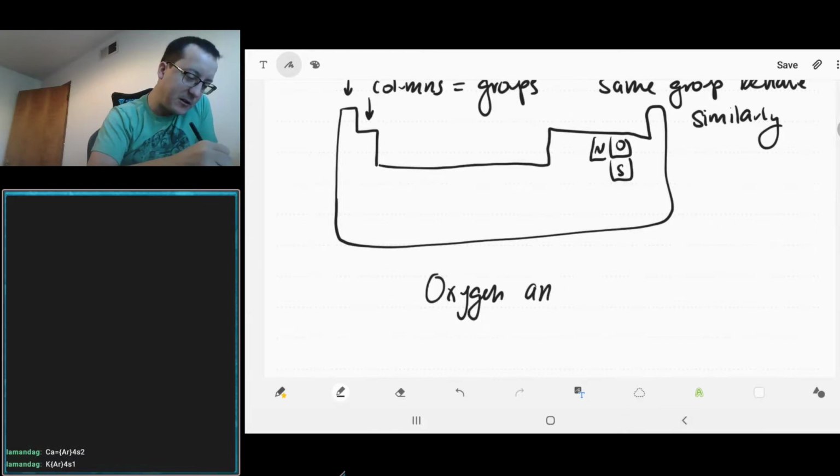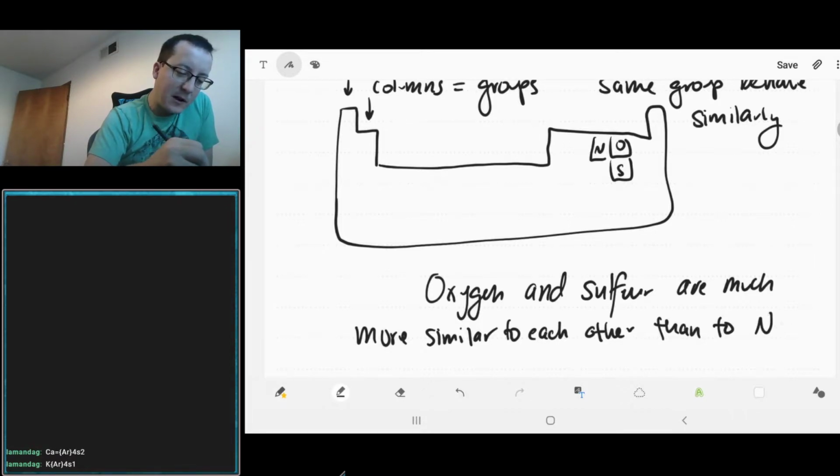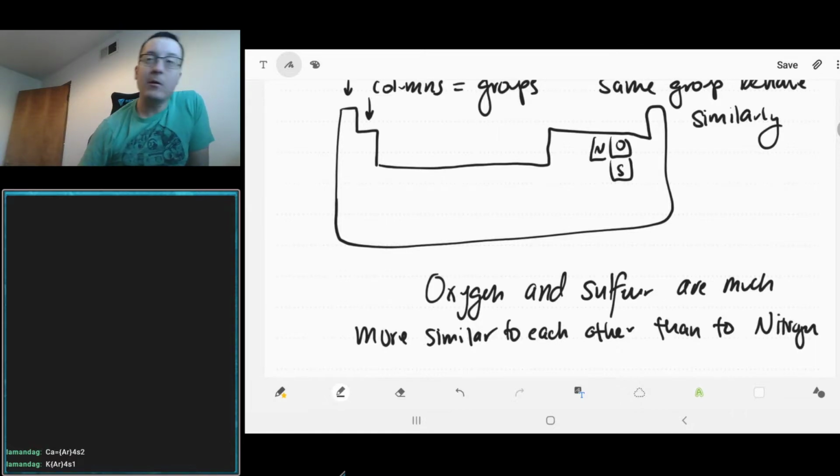We know that oxygen and sulfur are much more similar to each other than to nitrogen. Because oxygen and sulfur are in the same group, they are going to have similar chemical properties.